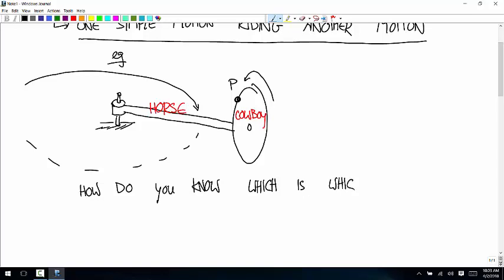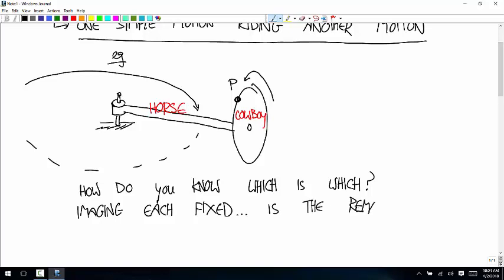Well, really, it's just a matter of imagining each motion is fixed. Is the remaining motion easy to calculate?